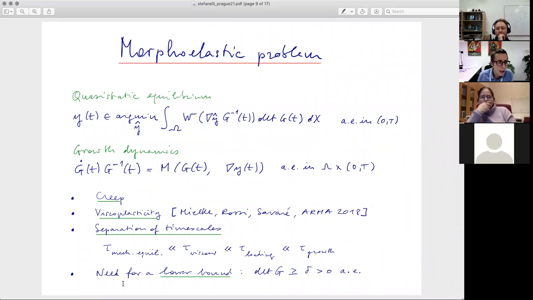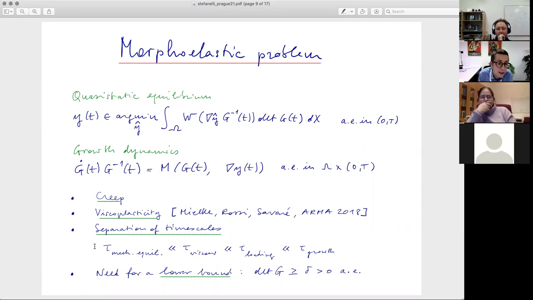And now let me justify a little bit what I'm doing here with this quasi-static equilibrium problem by discussing this classical observation on the separation of timescales. For morphoelastic problems, there are different and well-separated timescales.